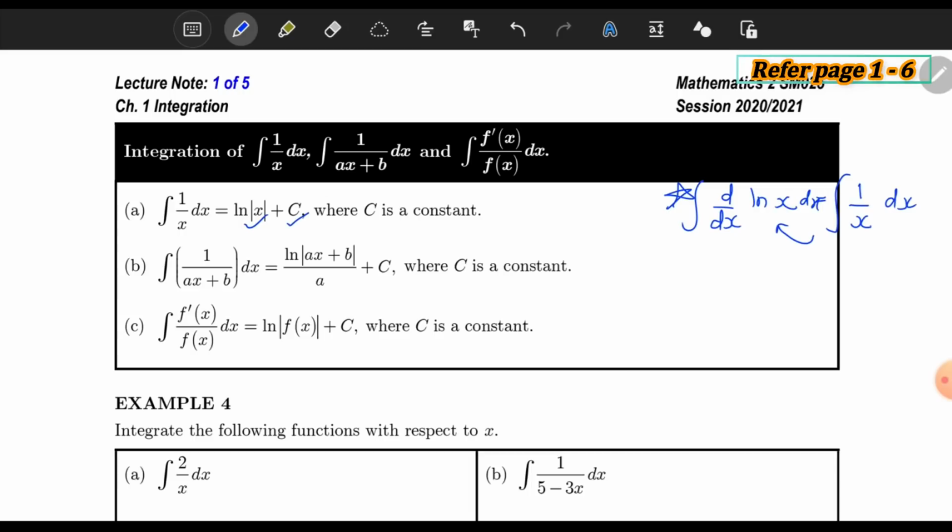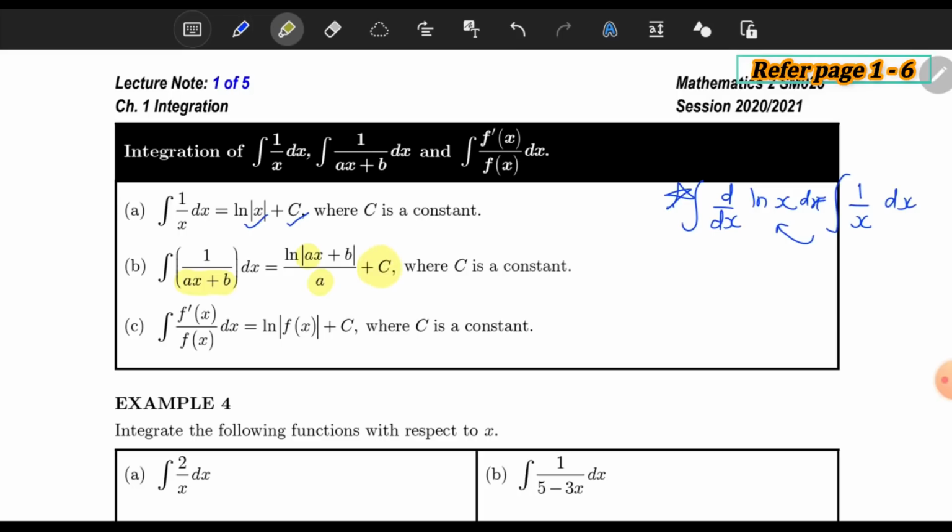c is a constant. Integrate 1 over (ax plus b) equals ln of (ax plus b) divided by a. Where do we get a? a is the derivative of the function ax plus b. We have the coefficient of x is a. So we have ln (ax plus b) over a, and plus c.